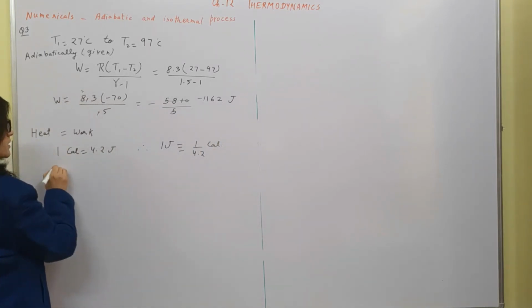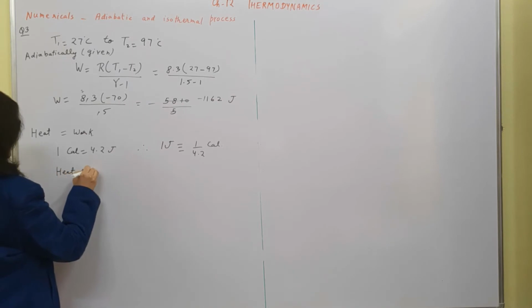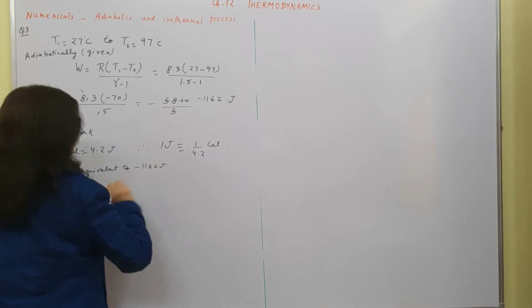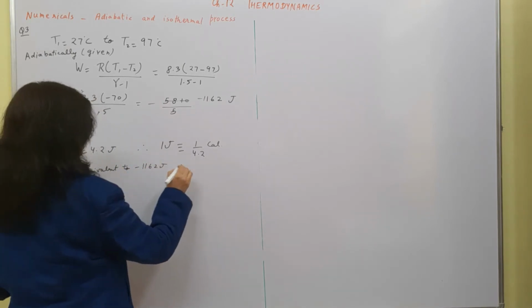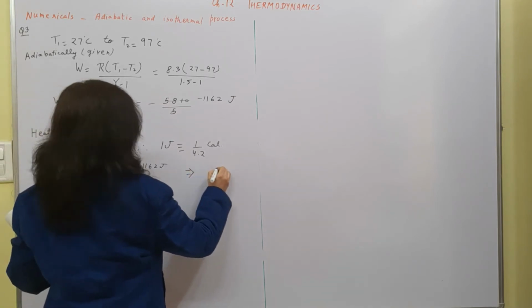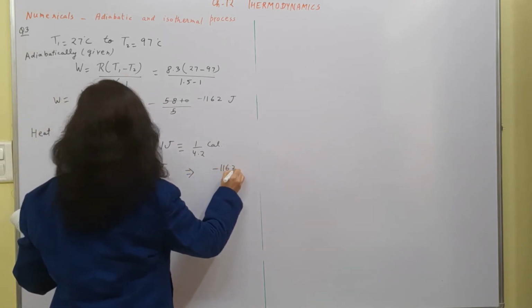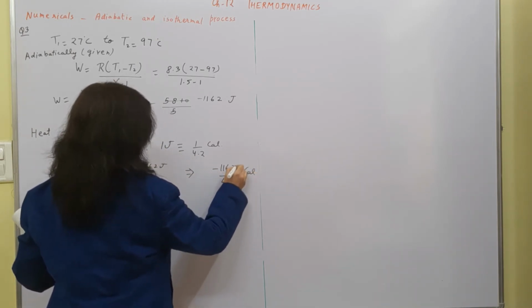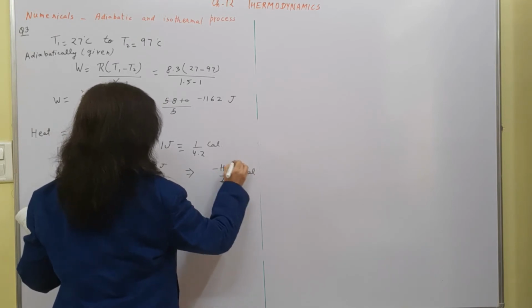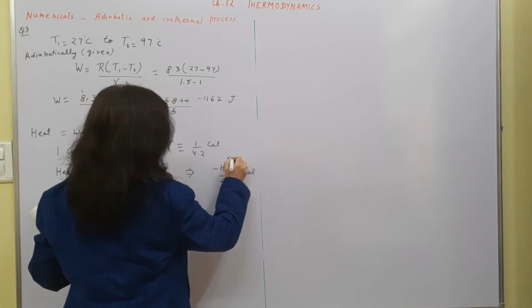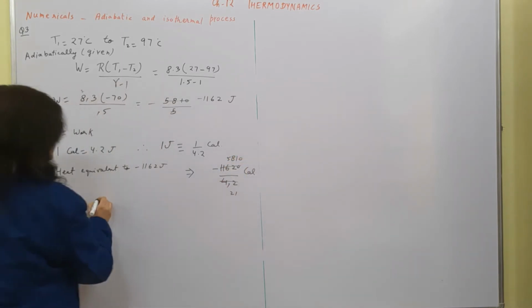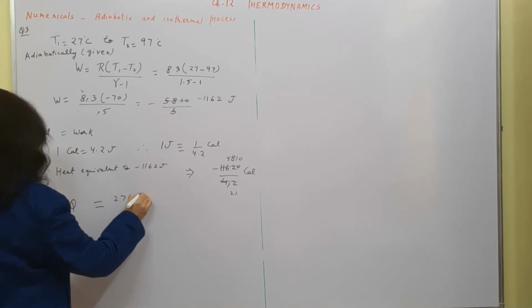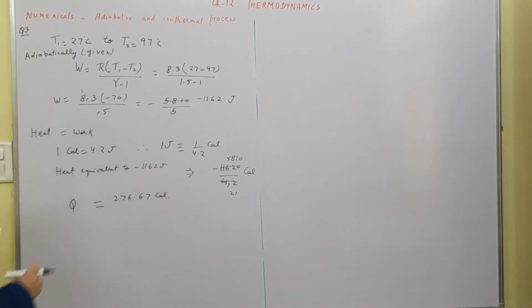So therefore this heat equivalent to minus 1162 joules is equal to minus 1162 upon 4.2 calories. So we can solve this. On solving we get this.